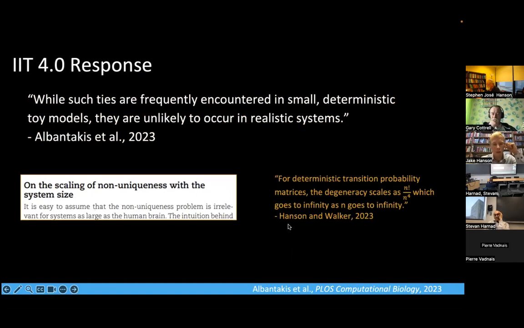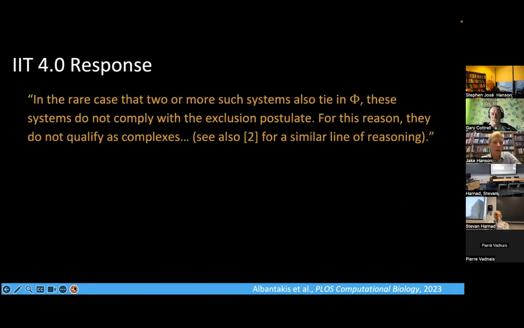The degeneracy, meaning the number of tied states, goes to infinity as n goes to infinity. They did go out of their way to correct the non-uniqueness problem in the rare case that a tie still exists, which I don't think is that rare. Basically, they said that if there's ever a tie, then all of the purviews get thrown away. So you don't have a big phi value. Phi is 0 if things are tied.